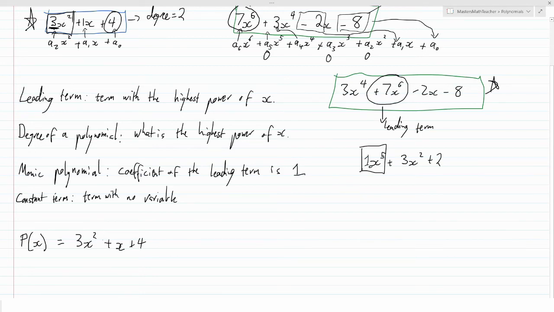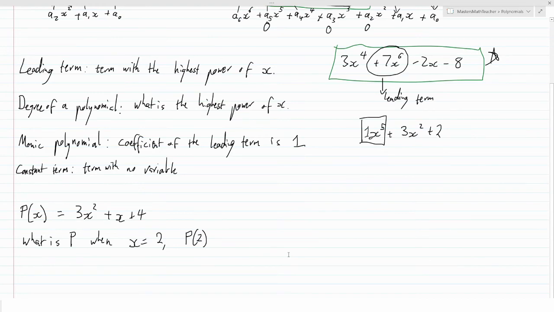Remember with functions, if I wanted to find the value of this polynomial when x equals 2, that's the same as saying p of 2. Okay, and sure enough, that just means I sub in 2 where there's an x.